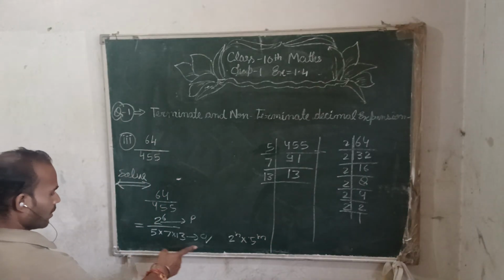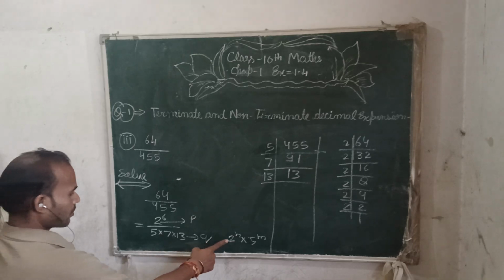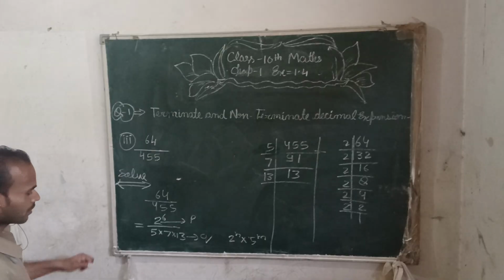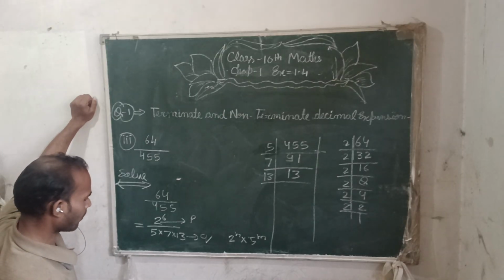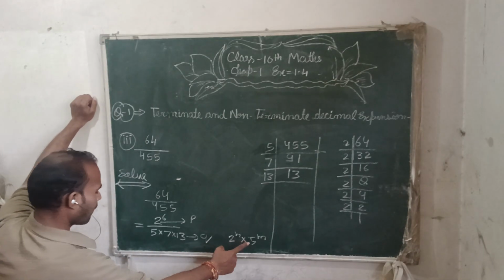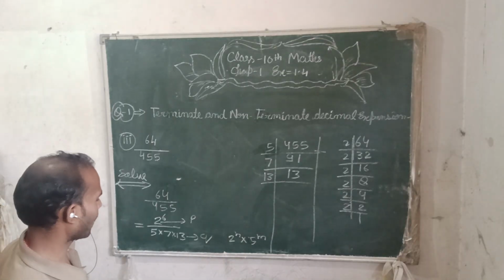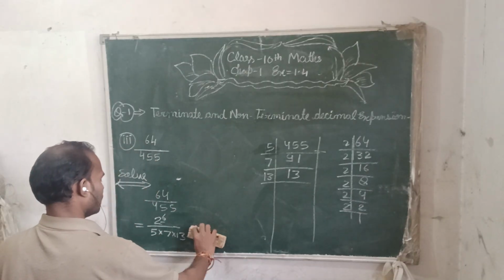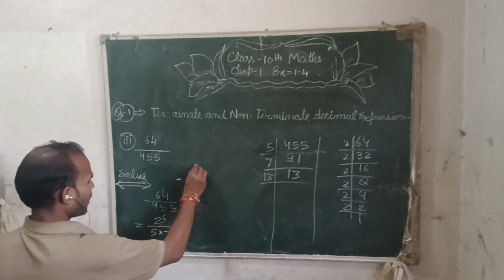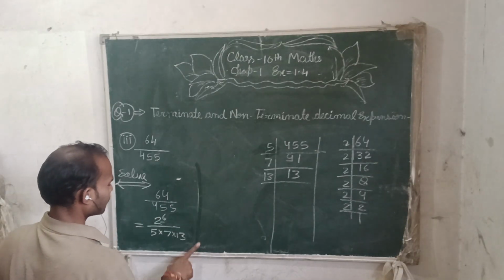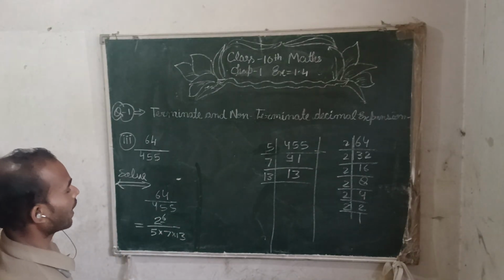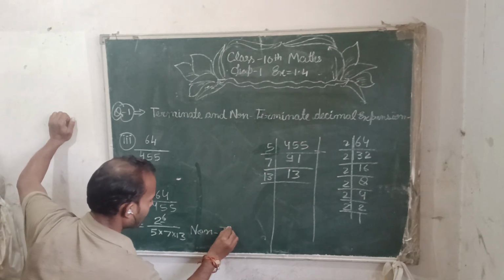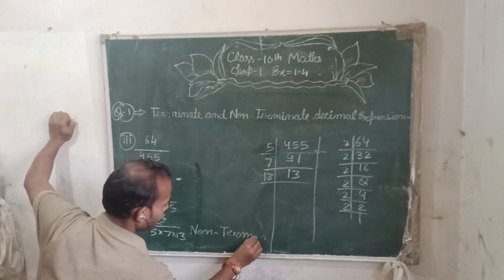No. Here q is not of the form 2 to the power n into 5 to the power m. 2 does not come here, only 5 comes here, and 5 has no power. So this fraction is not terminating, and this is non-terminating.